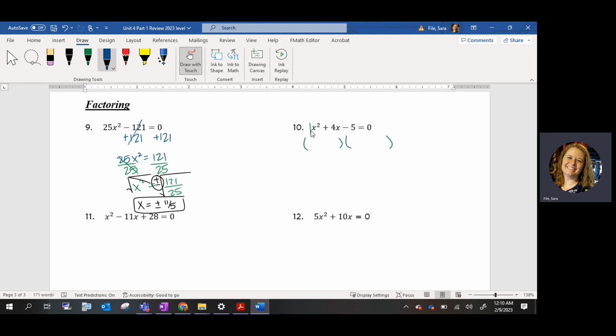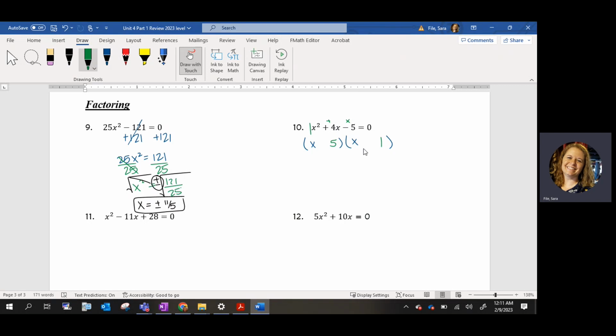The only factors of 1 are 1 and 1. So for 1x squared, the only factors are x times x. So then you just have to ask yourself, what are the factors of -5 that add to 4? The only factors of 5 are 5 and 1.